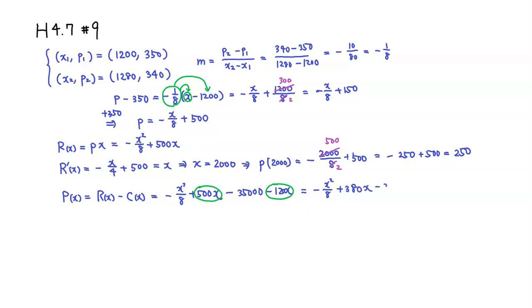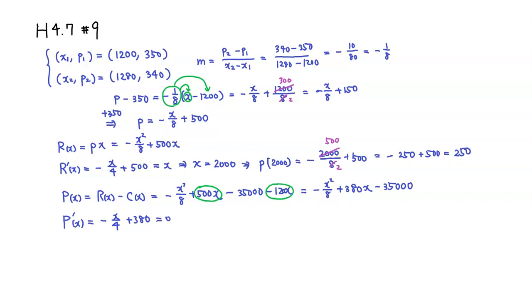And then minus 35,000. Right? So let's take the derivative. P prime of X is equal to negative X over 4 again, and then plus 380, and that's that.